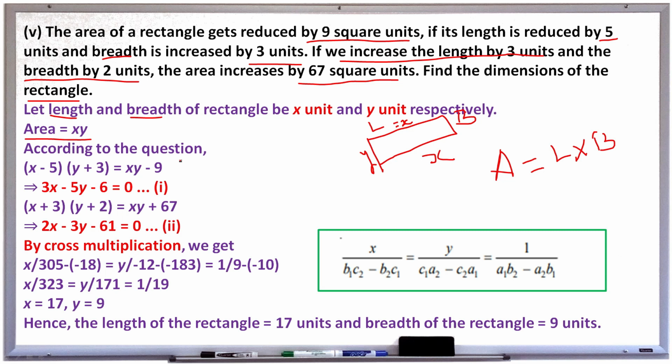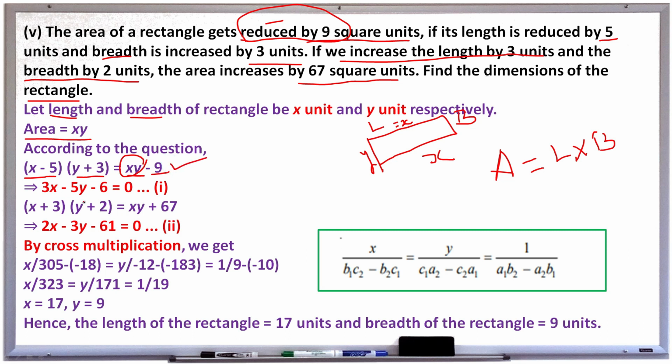According to the question, x minus 5 into y plus 3 is equal to xy minus 9. It is given reduced by 9 units. Reduced means minus. So the area xy is reducing 9 units. So x minus 5 into y plus 3 is equal to xy minus 9 according to the question.